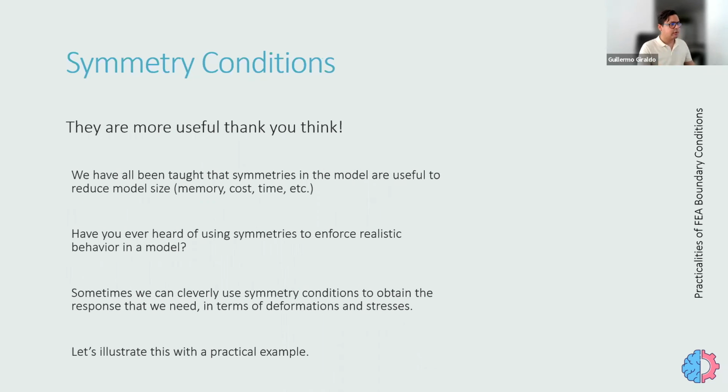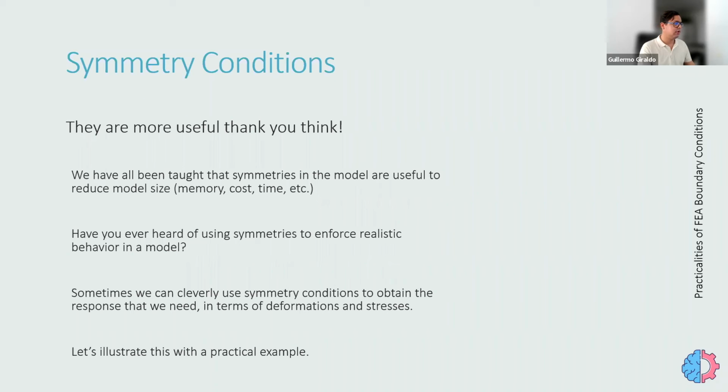Okay, the next topic that I wanted to touch on is symmetry conditions. Symmetry conditions are more useful than one usually thinks. Traditionally, when we talk about symmetry conditions, we have all been taught that symmetries are used in the model to reduce the model size.